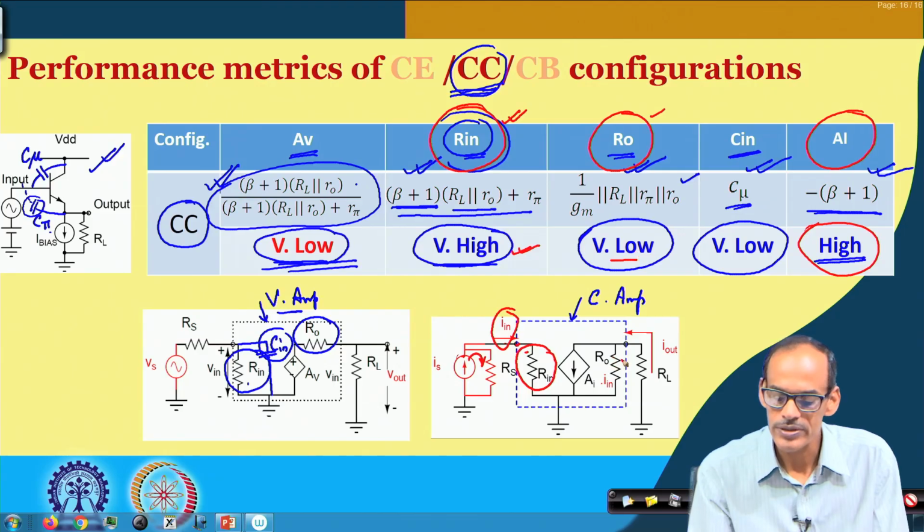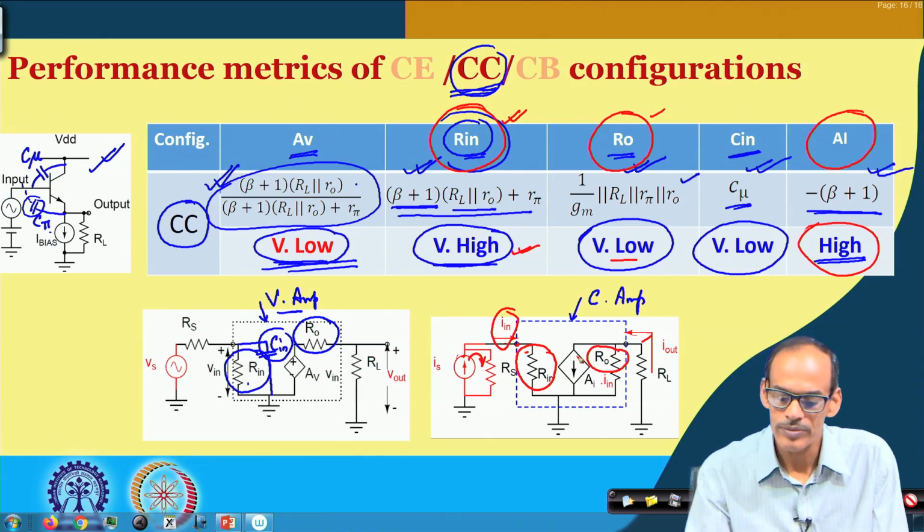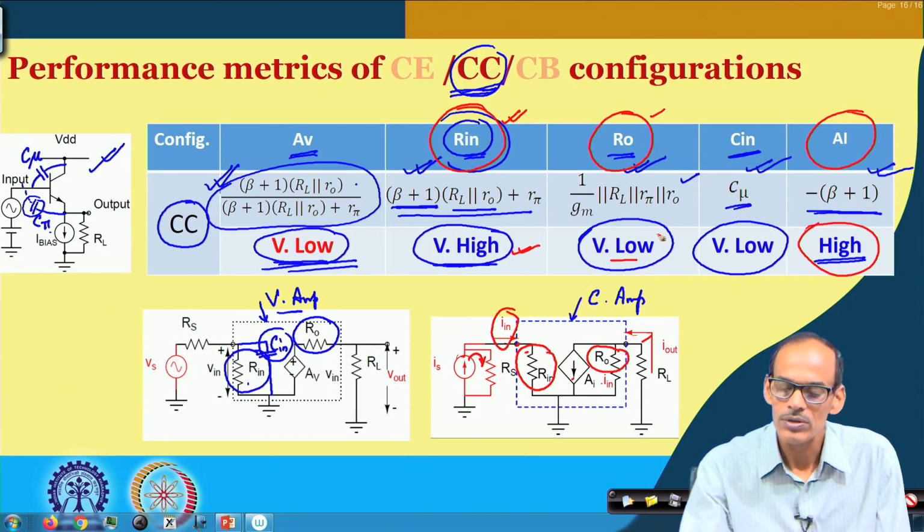So, if this is low, then at the output port we may not be having a good amount of current coming out of the internally generated current. So, the low value of R O is not really in favor of the current mode amplifier.